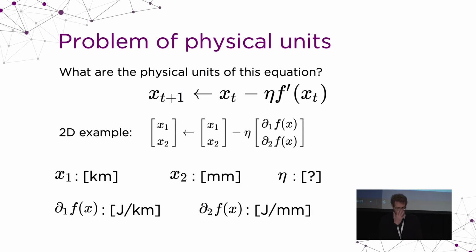So what is not working in this algorithm? In fact, it's this learning rate, this eta. If you look at the physical units of this equation, here I'm receiving two parameters, x1, x2. They are replaced by the old value of these two parameters, minus eta, and then I have the gradient for the first parameter and the gradient with respect to the second parameter.